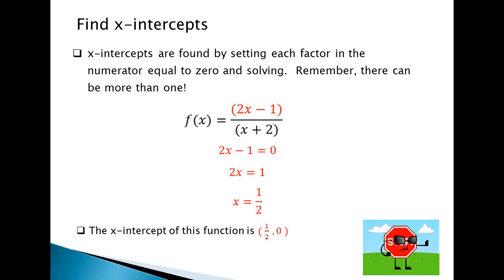We need to do this for each factor found in the numerator. Don't forget that there could be more than one. In our case, there's just one. So we set it equal to 0 and find our x-intercept at 1/2. And again, this is a coordinate point, so we write this as a coordinate point, (1/2, 0).